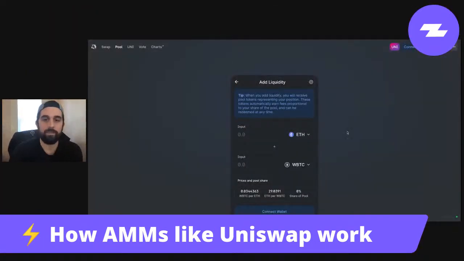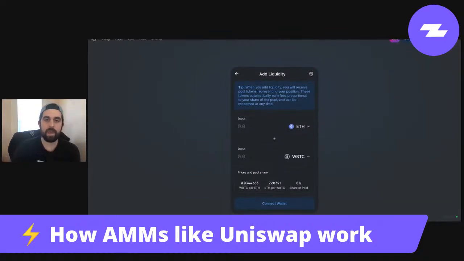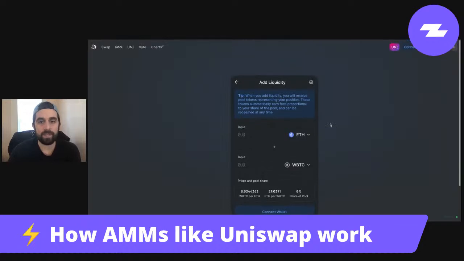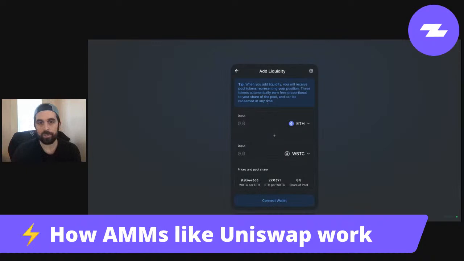Okay, so we talked about the fact that AMMs are these permissionless, trustless DEXs. They're like a decentralized exchange where I can trade tokens. The reason I'm able to do that is because I'm showing you the other side of the equation. This is where someone is adding liquidity, or becoming what we're talking about today, an LP, a liquidity provider.